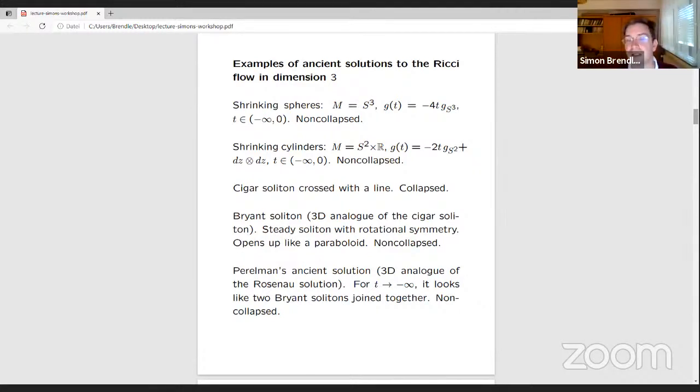Yes, so in infinite time, you can get different things. For example, in Perelman's proof of geometrization, there are these collapsing situations that come up where you get fibered spaces. And in that case, you could get things like tori, for example, or fibered spaces. And these are all collapsed. So this is basically a different world.